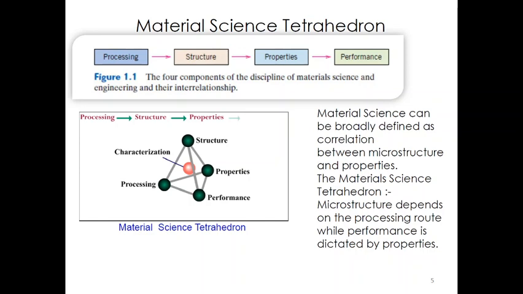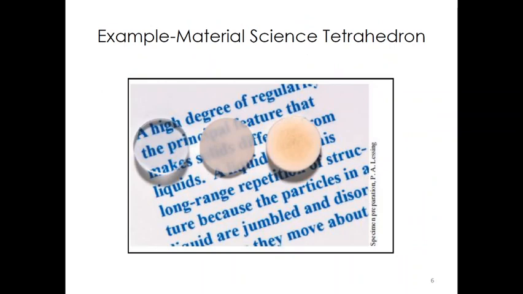To illustrate this, you can see the material science tetrahedron, which is provided in this slide. A material's performance is a function of its properties. Thus, the relationship among processing, structure, properties and performance is nothing but the material science tetrahedron. To understand more about the material science tetrahedron, we will discuss the example of an alumina disc.